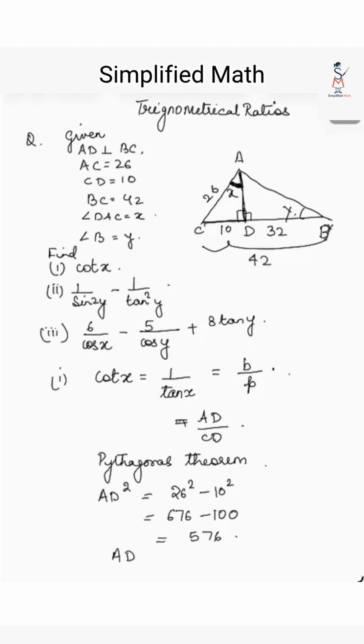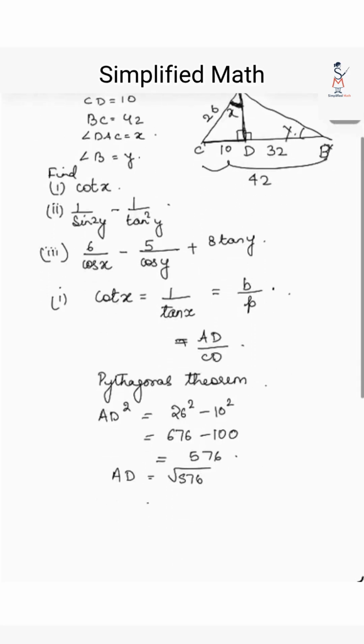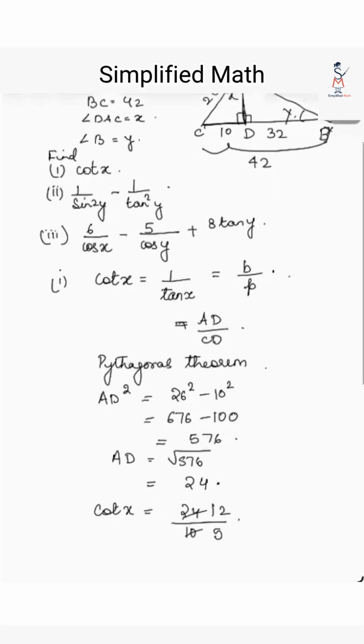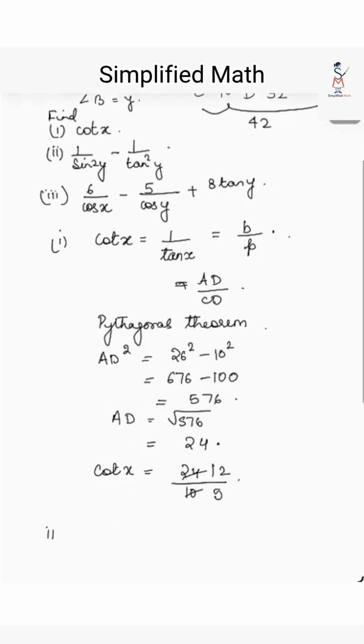So AD will be square root of 576, that will become 24. So what will be cot X? Cot X will be AD, that is 24, by CD, that is 10. That is 12 by 5. Fine. Now the second one.